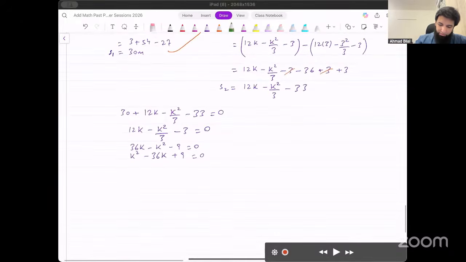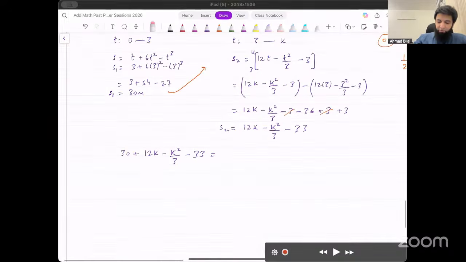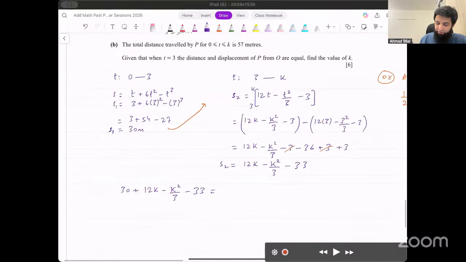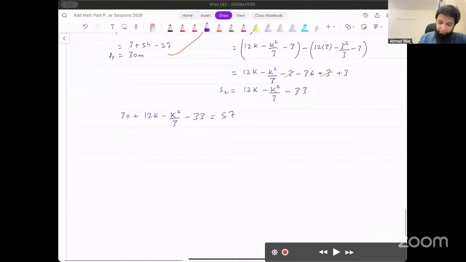Oh yeah, sorry. So on the right side, yeah, so that's the problem. Achha, so now that we found the two displacements, S1 is equal to 30, S2 is equal to this, we were told that the total displacement is 57. So we equate this number to 57. Yeah, it should be 57.